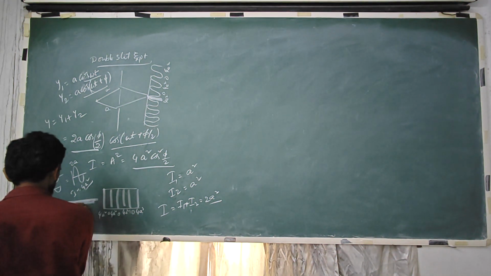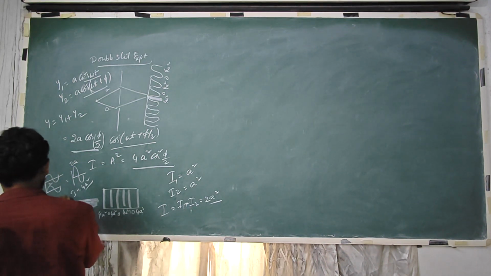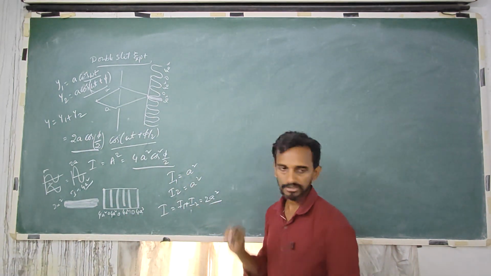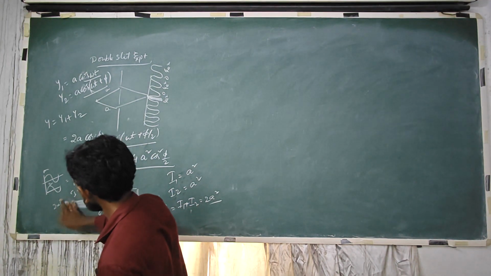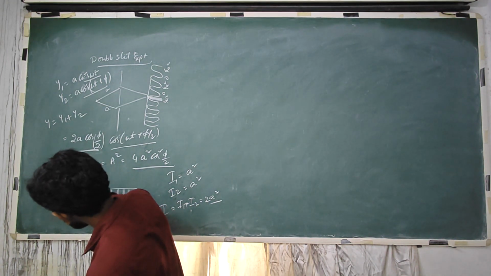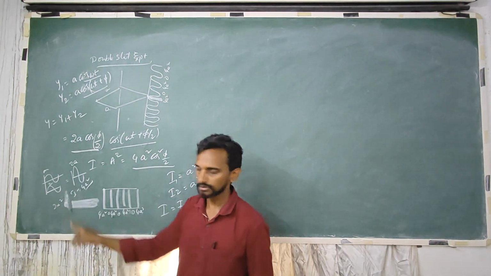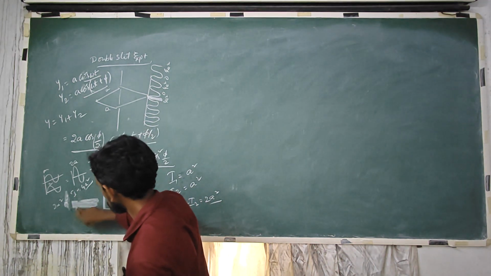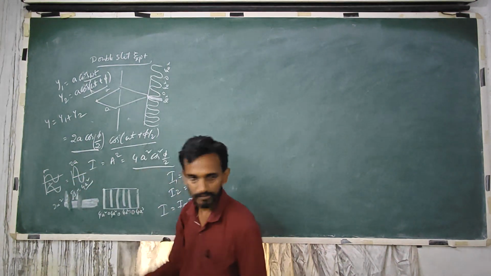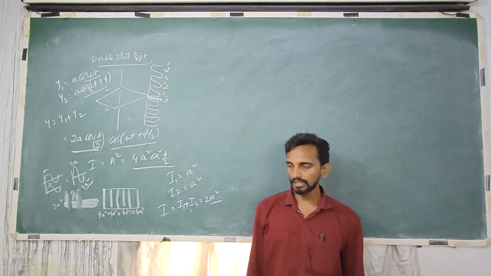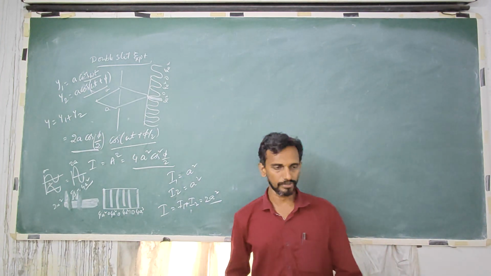So what is happening? If you just add the intensities, the result is 2A square. But this 2A square at some portion is now shifted. You got a 0 here, and it is shifted to the next level. And the next one, again 2A square plus this 2A square is now shifted to here. So like that, interference pattern is redistribution of intensity, not bringing any new intensities.